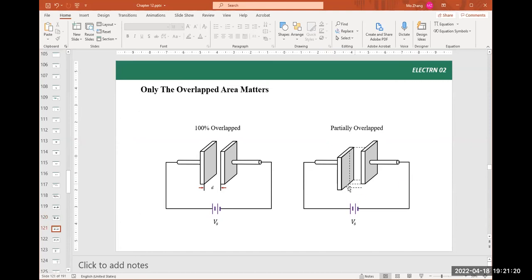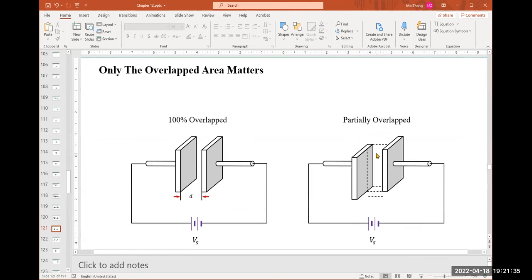Now, this is a special case. If you move the plates so they are not 100% overlapped, but partially overlapped, we can only count the regions where they overlap. And this is not good. To maximize it, we need to make sure the plates are 100% overlapped.